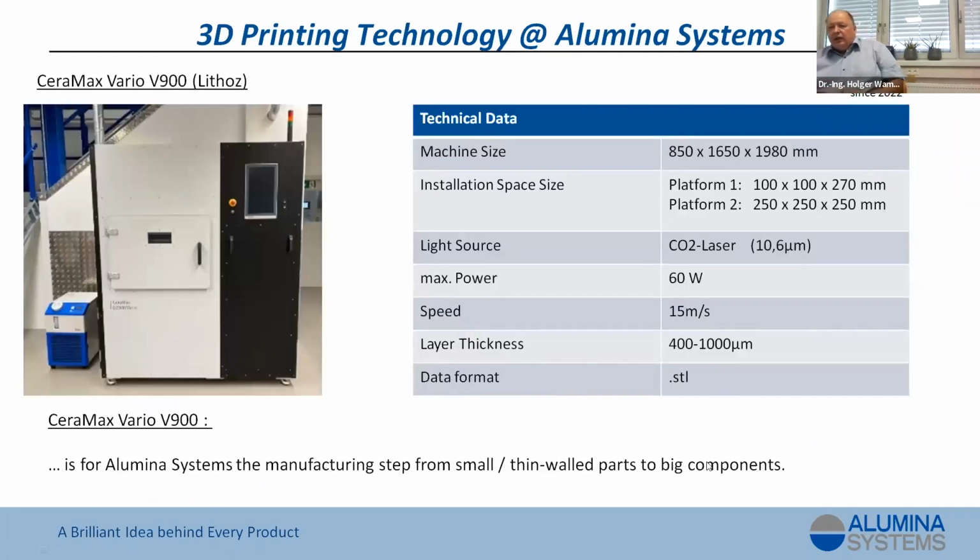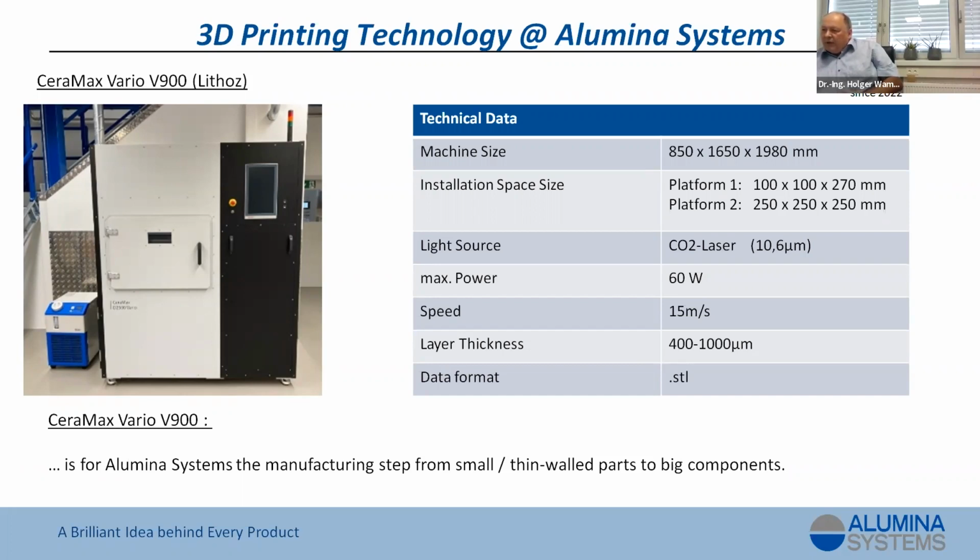Yeah, and the newest printer we have in house, this is always the same picture you have seen in the presentation of Johannes. It's the Keramax Vario V900, and as he already said, this is a system that works with a laser, where the laser evaporates the water out of the slurry.